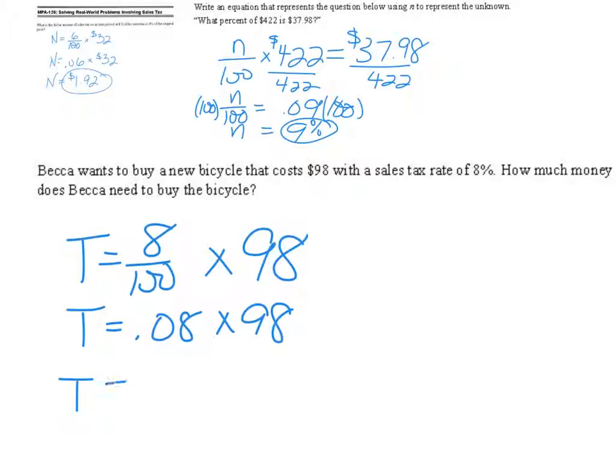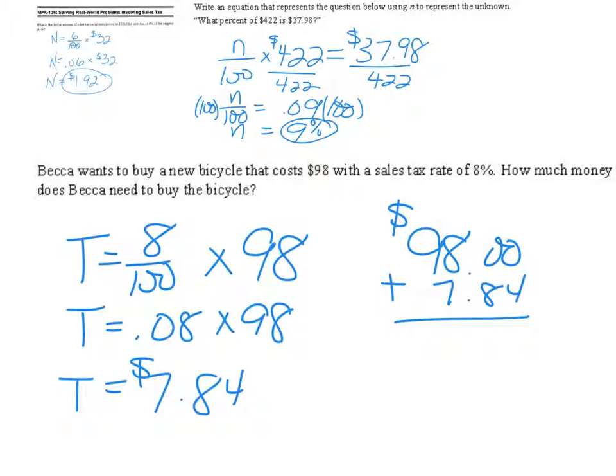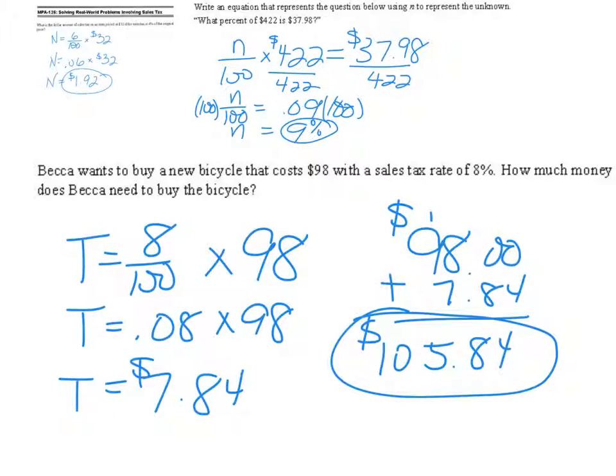Type it in the calculator, and I get a sales tax of $7.84. So if we add $7.84 onto the $98 that was the original price, we get $105.84 will be the total amount she'll have to pay.